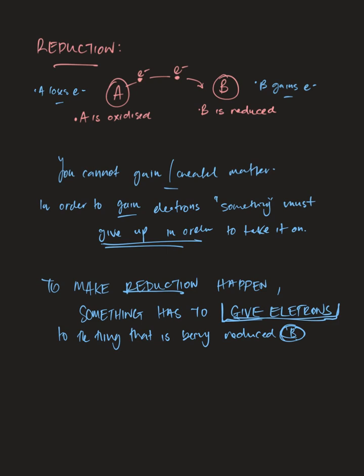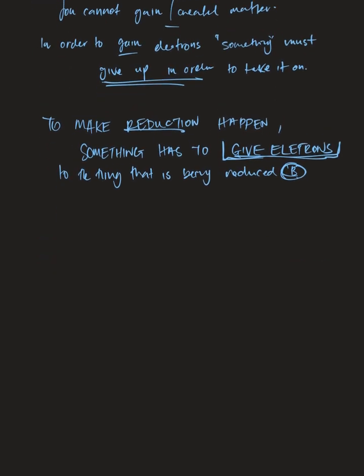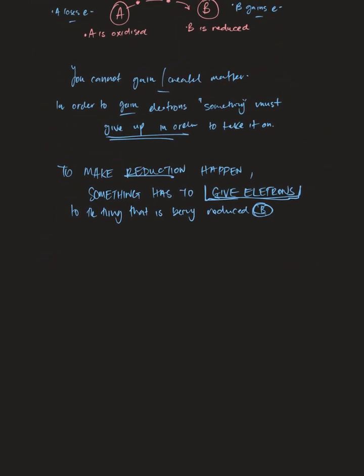So where are these electrons coming from that B has to gain? It's coming from A. So what's happening now is that A gives electrons to B, reducing it. That means it must have a less charge. Remember what we said? We're adding electrons.